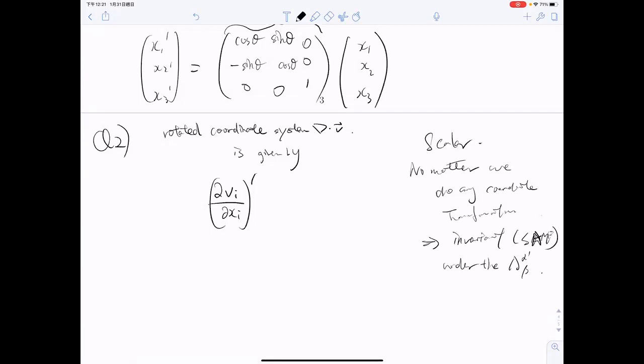Let's see. Here is the representation of del dot V. It is equal to this form.